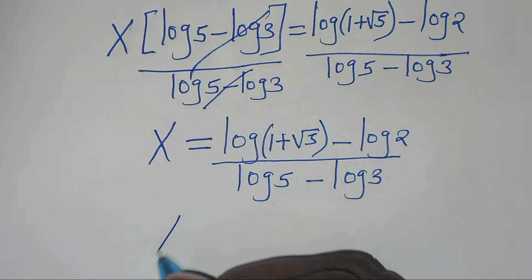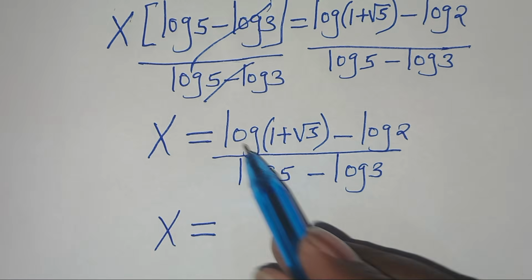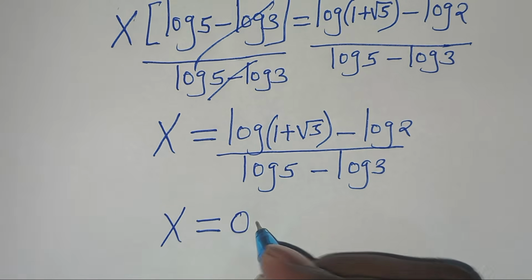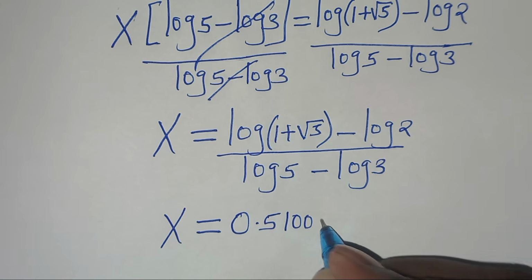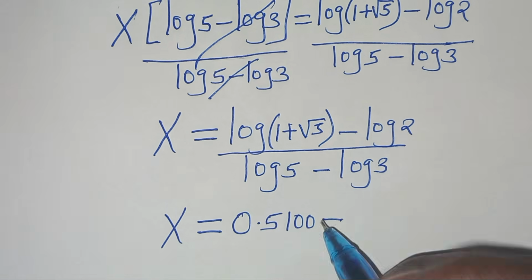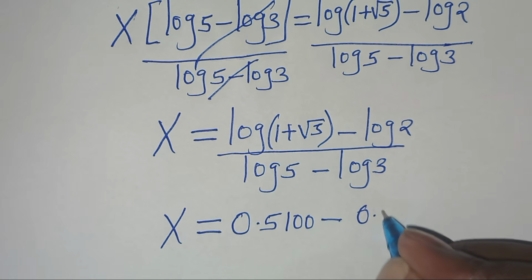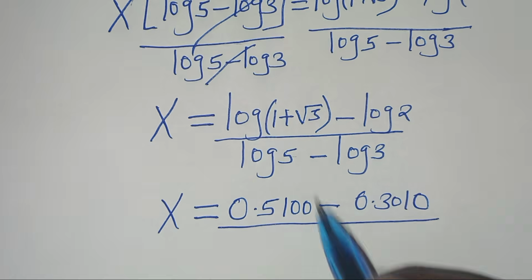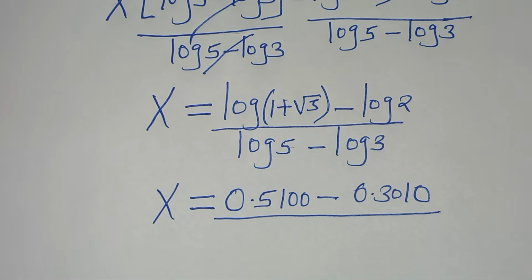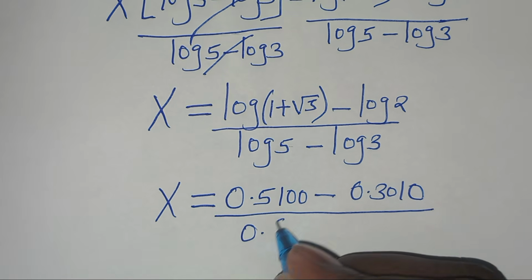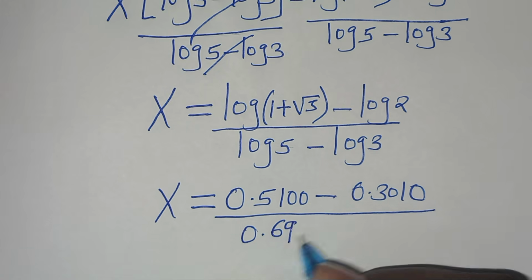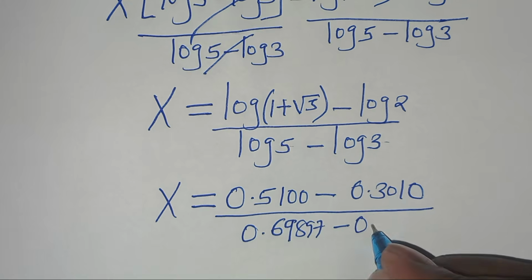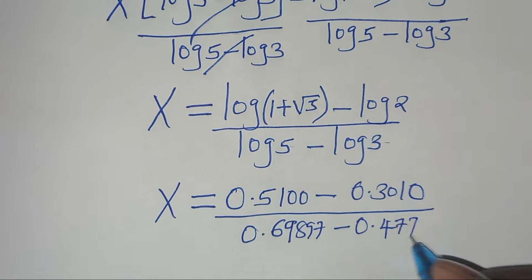Now the next step is that here we have x equal to log (1 + √5), which is 0.5100, minus log 2, which is 0.3010, divided by log 5, which is 0.69897, subtract log 3, which is 0.4771.